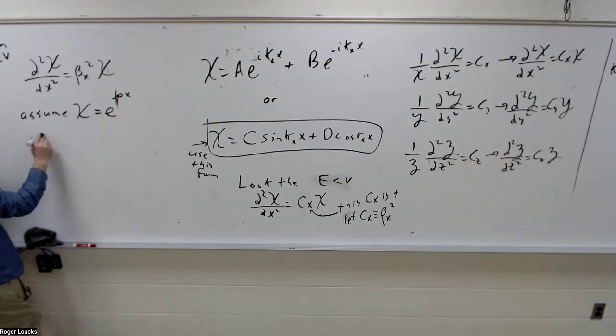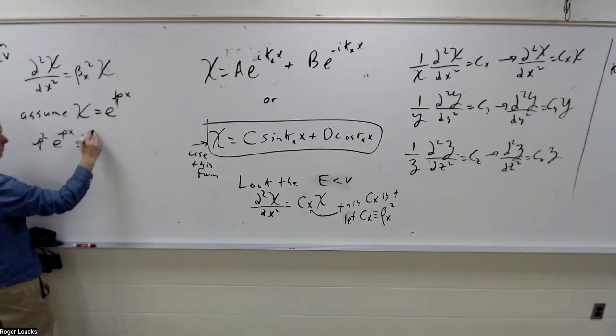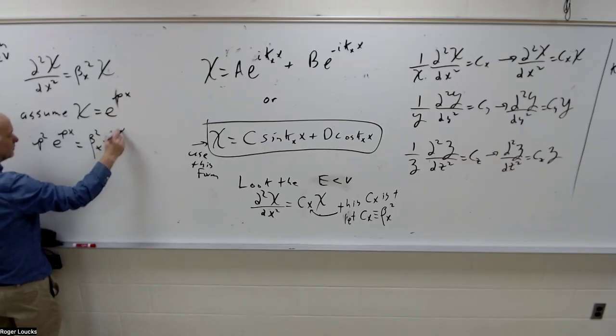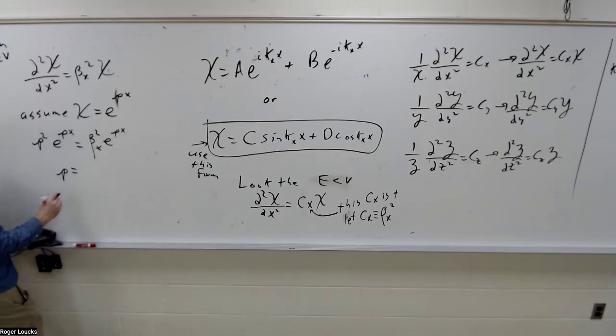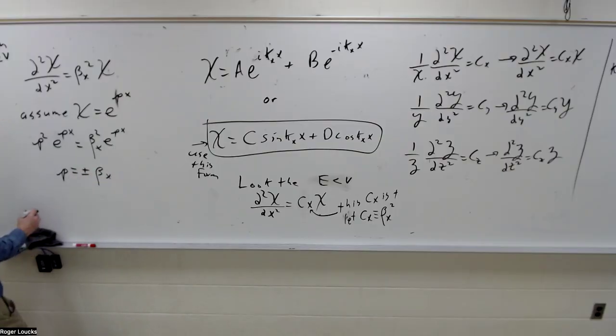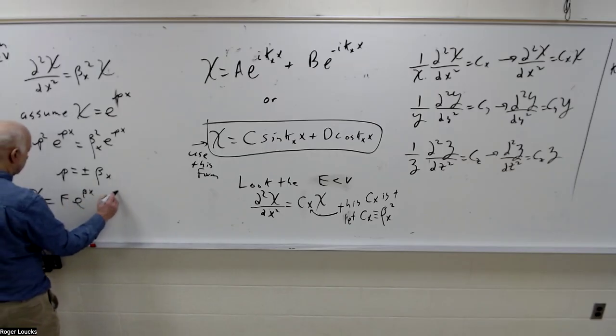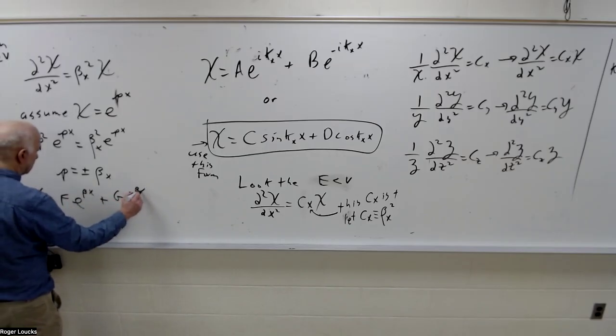This gives me p squared e to the px equals beta_x squared e to the px. And tell me what p equals. Plus or minus beta_x. So in this range, chi is going to be some new constant, let's say f e to the beta_x x, plus g e to the minus beta_x x.